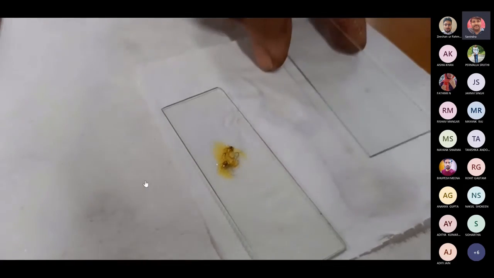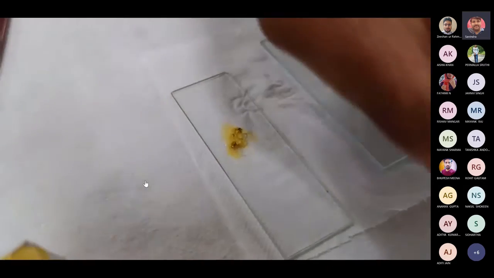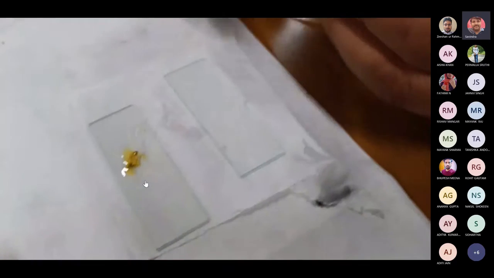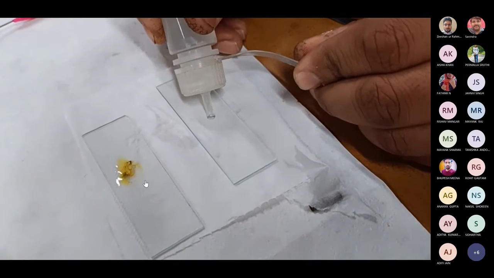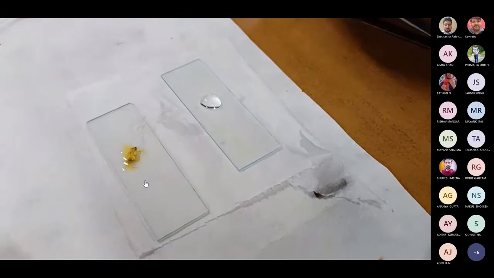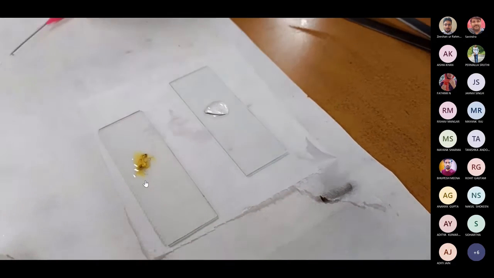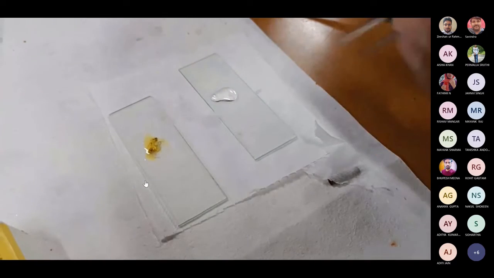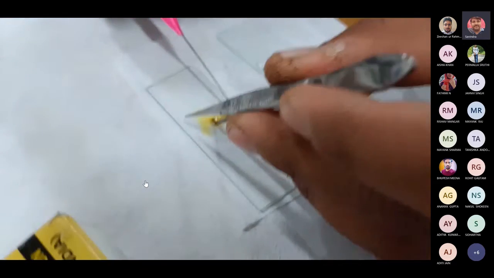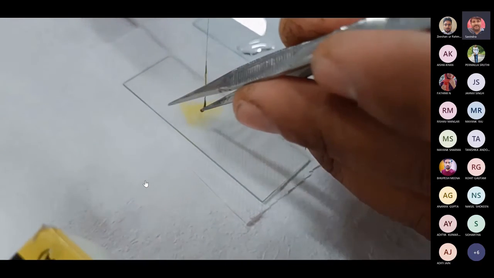Then you will take one more clean slide, mount it in the glycerine, and again you should take only a very small portion of this.